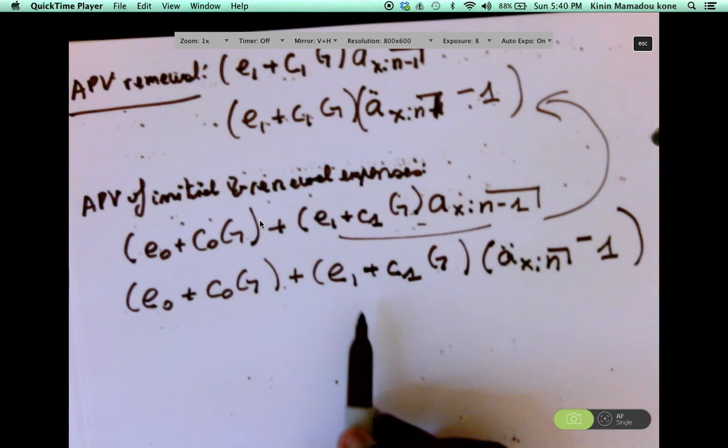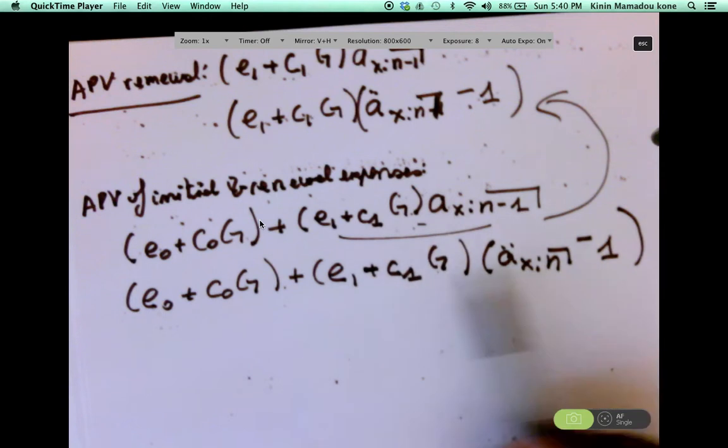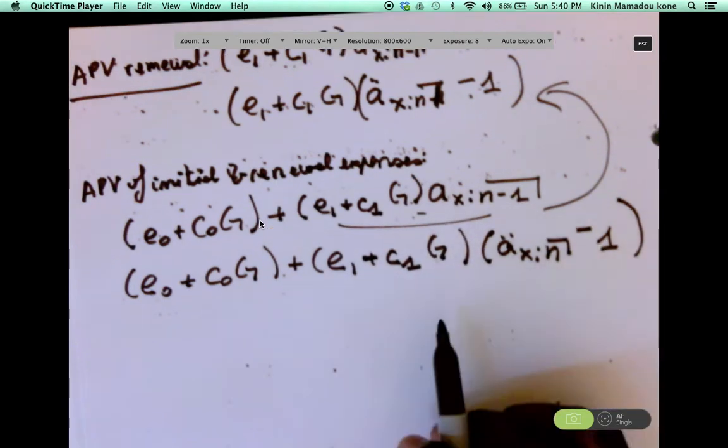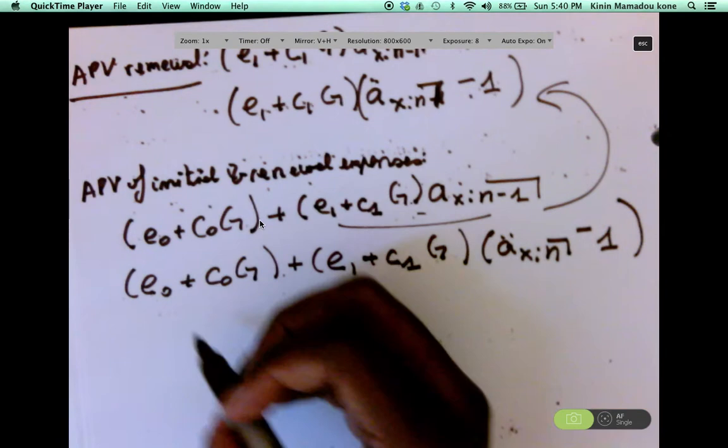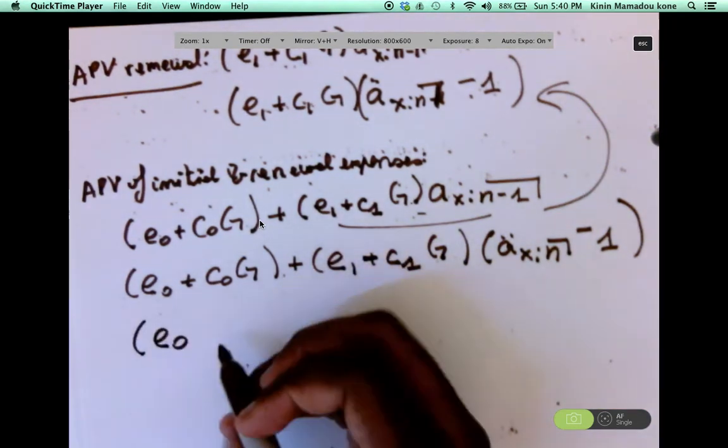If I multiply that expression out, I'm going to get at the end the same expression, E0 minus E1.